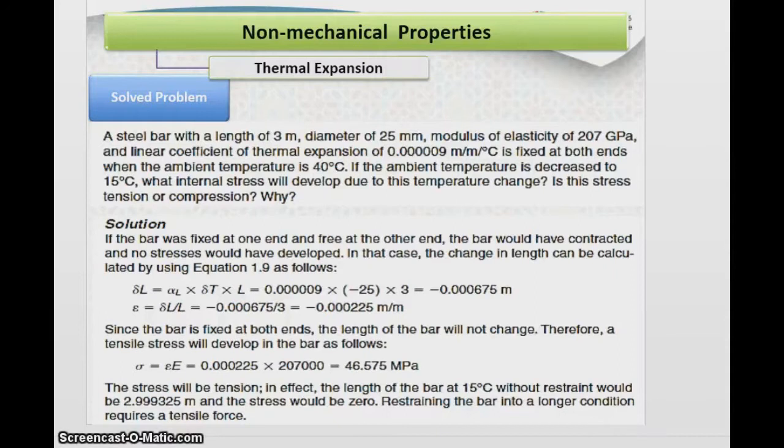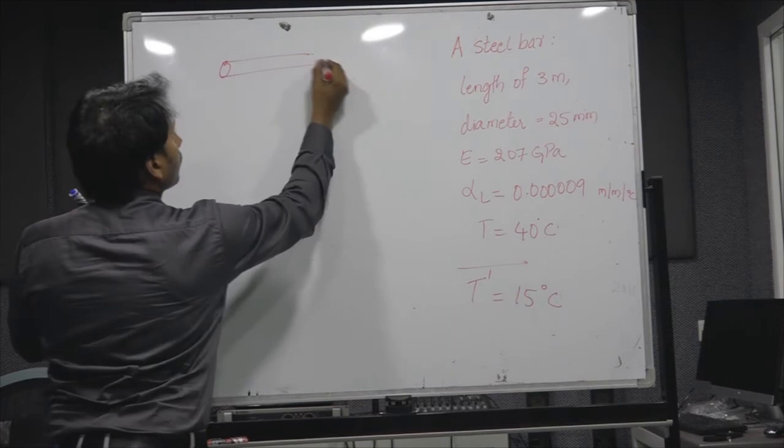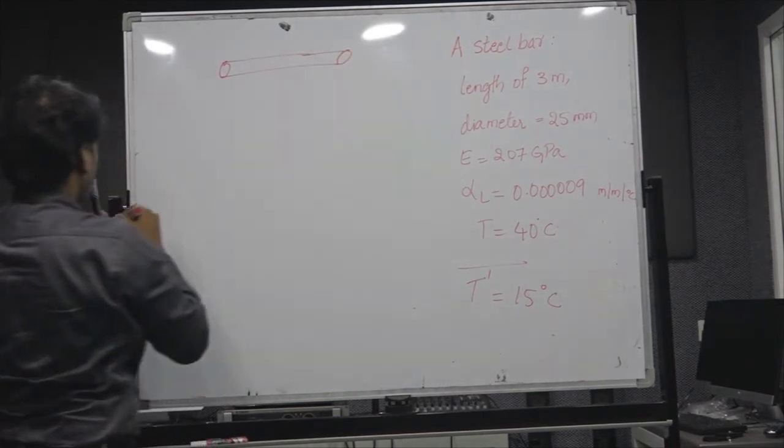The question asks: what internal stress will develop due to this temperature change? Is this stress tension or compression? Why? You have a steel rod like this.